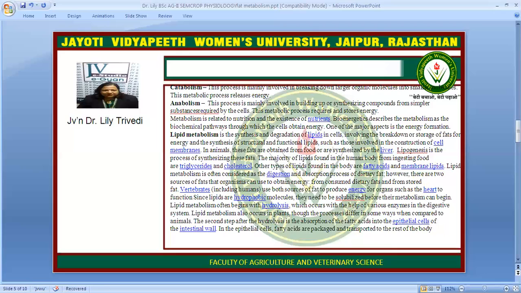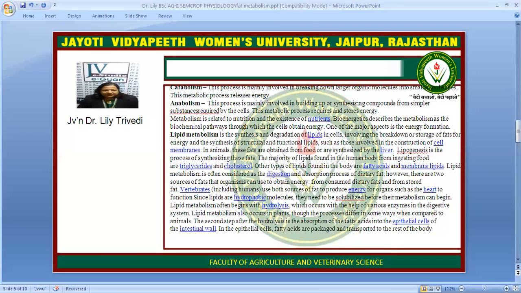Lipid metabolism is considered as the digestion and absorption process of the dietary fat. So there are two sources of fats that an organism uses, that is, from the consumed diet and from the stored fat. Now vertebrates use both fats for producing energy for organs such as the heart to function, right?